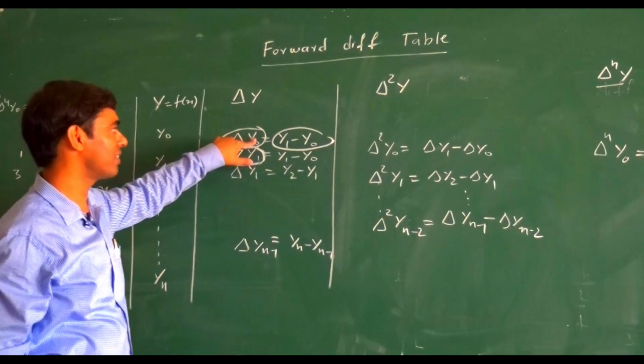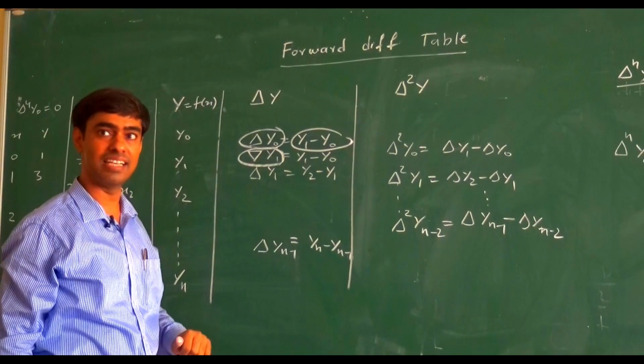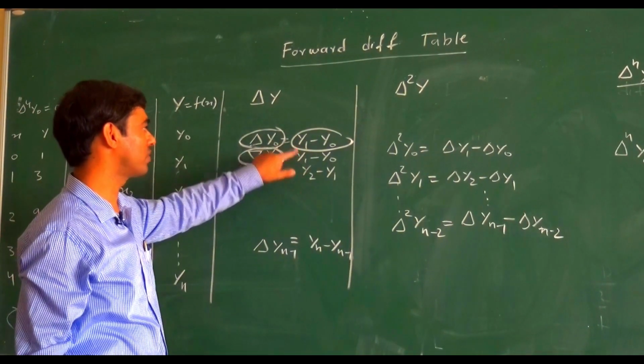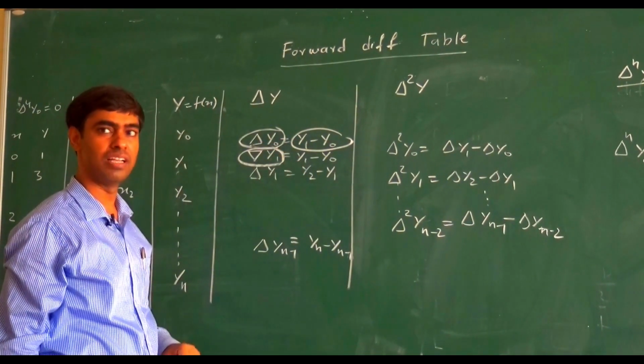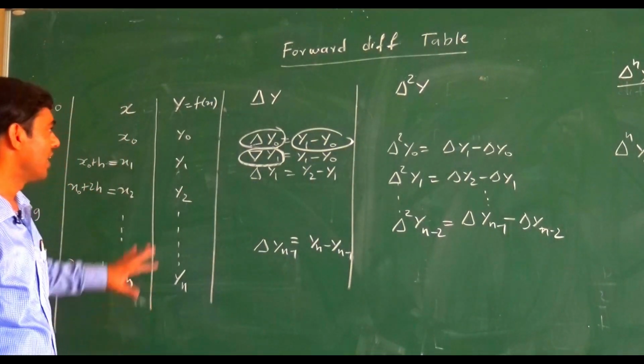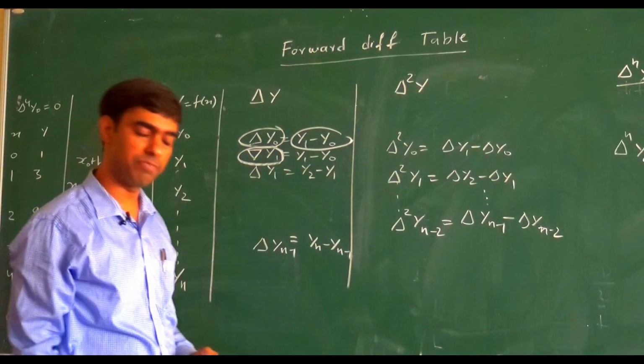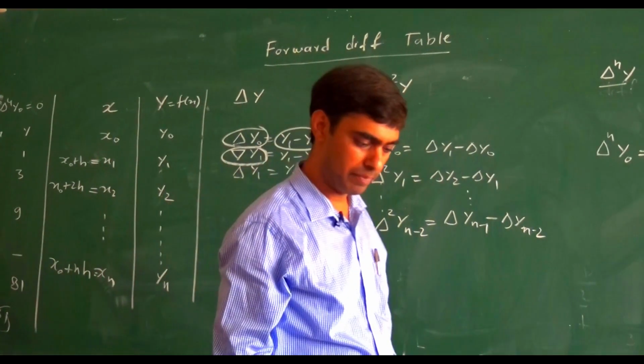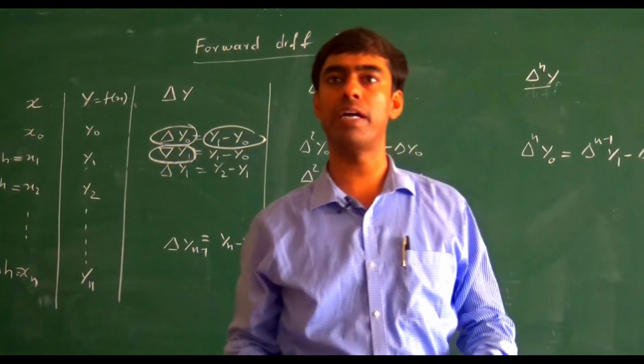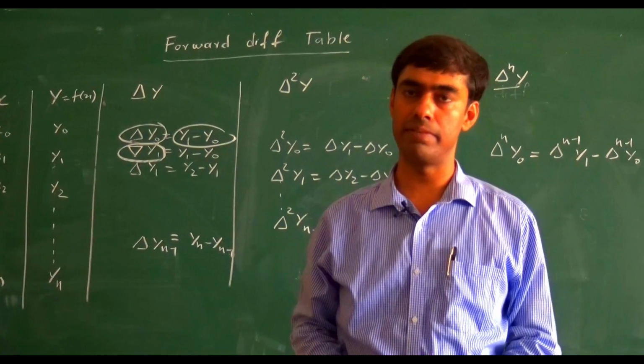This one is a forward difference y0. But what is the right hand side? The right hand side of both difference operators is equal. So in terms of calculation, there is no difference between the forward difference table, backward difference table, and central difference table.